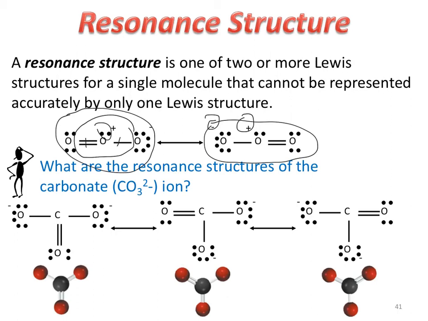Because it's a second period element, we can't reduce that formal charge any further. As a result, we can put the double bond on the left or over here on the right, resulting in 2 Lewis structures. That, however, is not really what we see in nature.